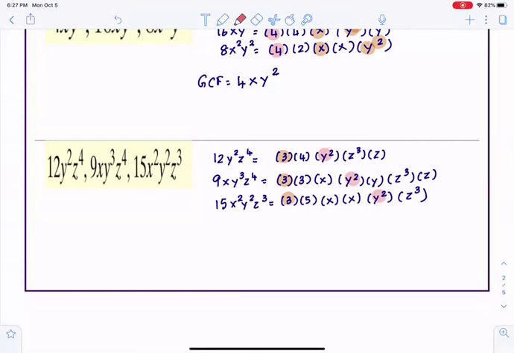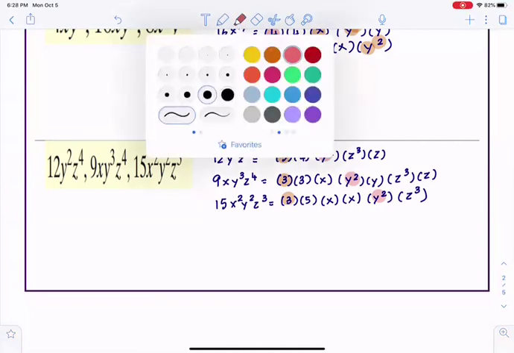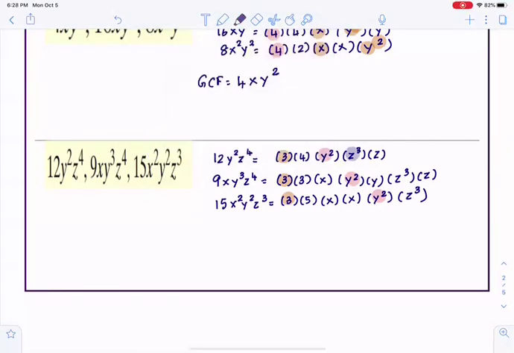And in terms of the z term, I have z cubed in common in all of them. The other terms are not in common, and we've already sorted out the greatest common factor. So the answer here is 3 multiplied by y squared multiplied by z cubed.